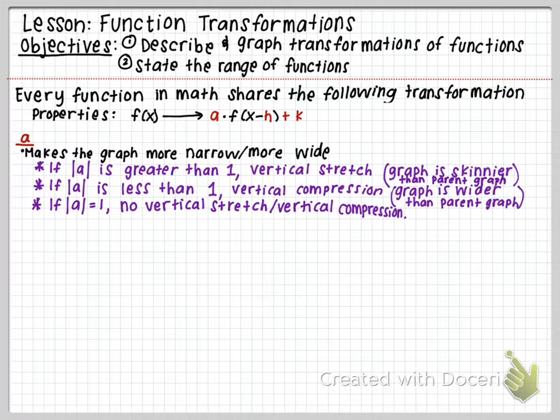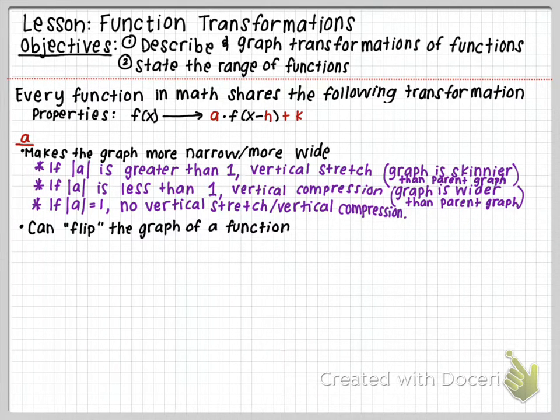For the absolute value graph, remember the parent function looked like this. We can't get any smaller than that. But we can put an A in front of that, subtract something on the inside, and put a K on the outside, just like up here. Just like that transformation, we could transform that. But we can't get any smaller than this for an absolute value graph. Okay, that's all the parent function means.